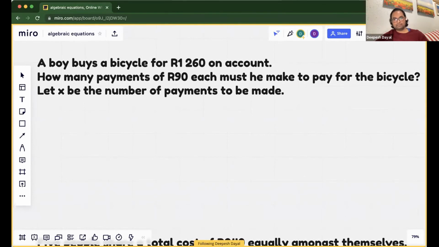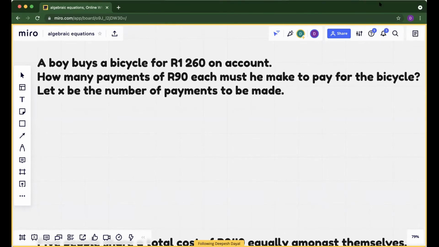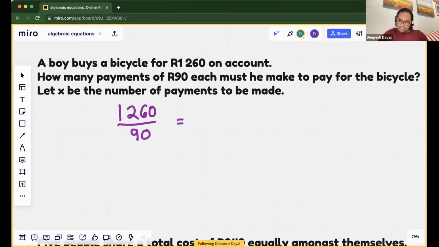Think about it. We have to form an equation. 1,260 divided by 90 equals X. Okay, we've got one answer. Thank you for that. Who else has an answer?